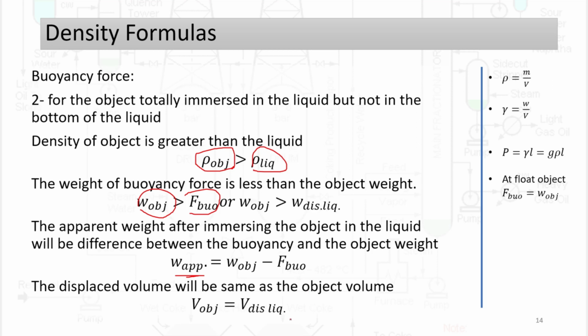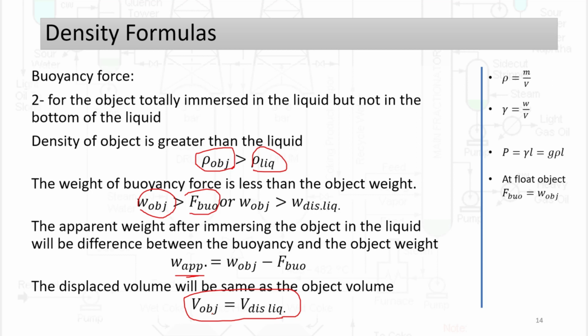The displaced volume in this situation: by the way, the displaced liquid has the maximum volume, which is equal to the object volume. It will not exceed the object volume, based on the Archimedes principle.